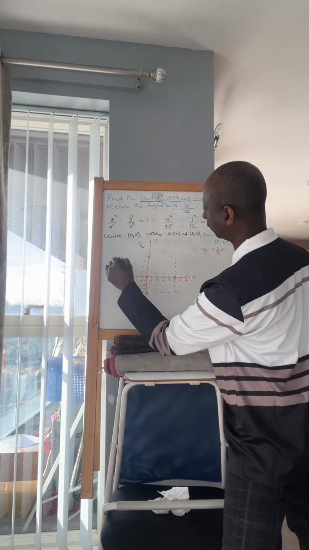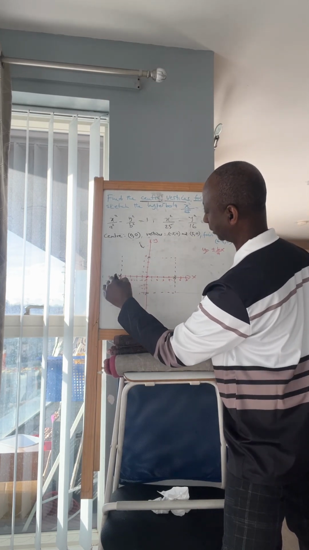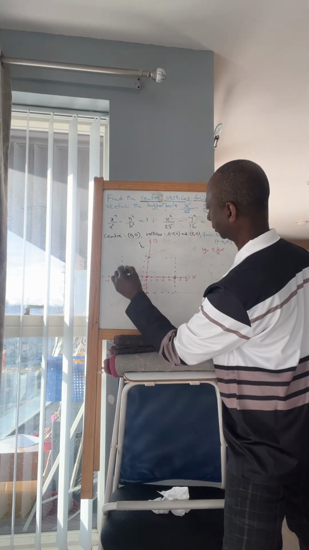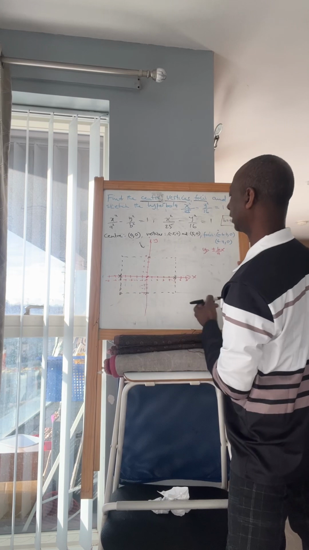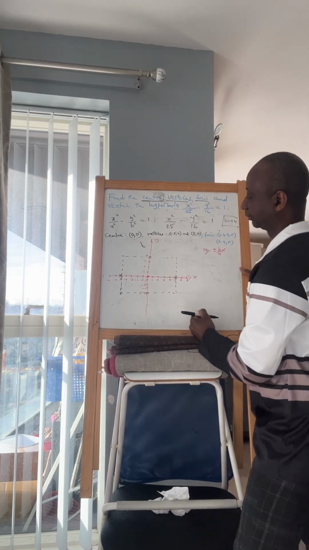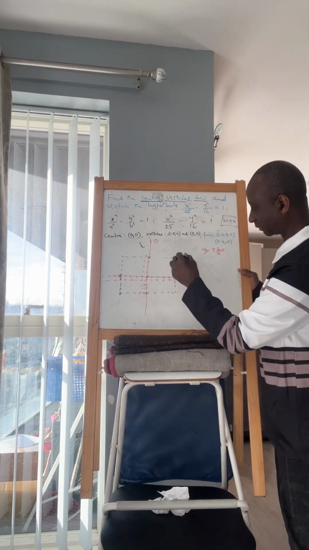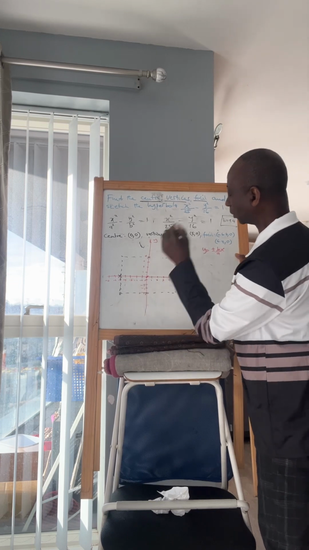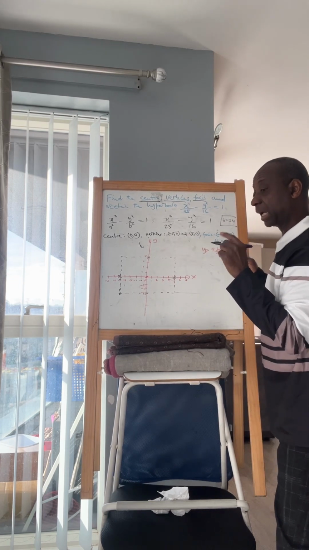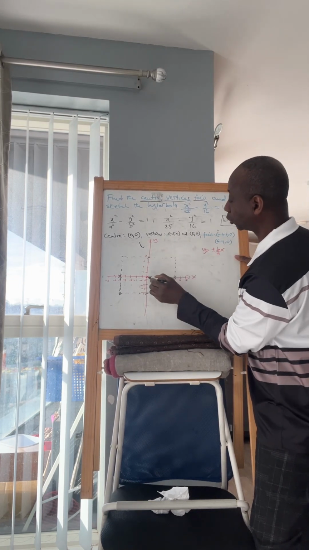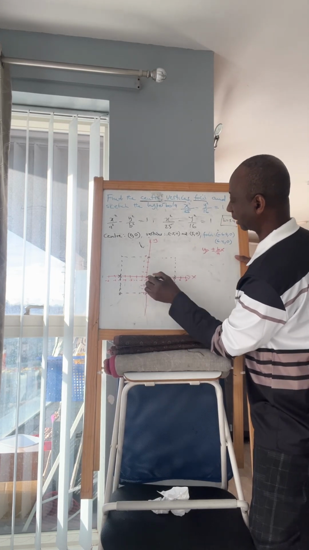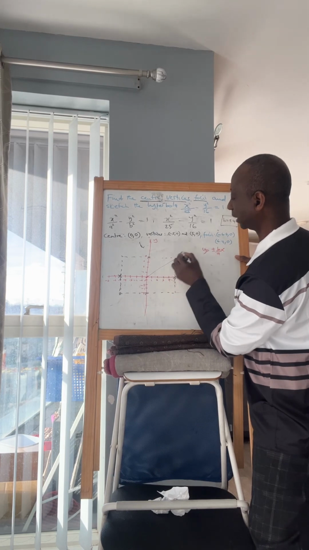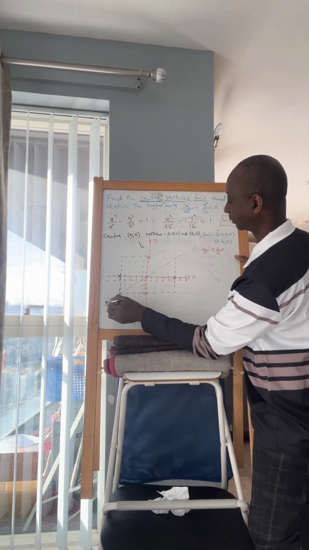We are trying to form a rectangle here, joining all these points. This is what we get. The asymptote line passes through the middle, along the diagonals of this rectangle. So it's going to go through here and through here.